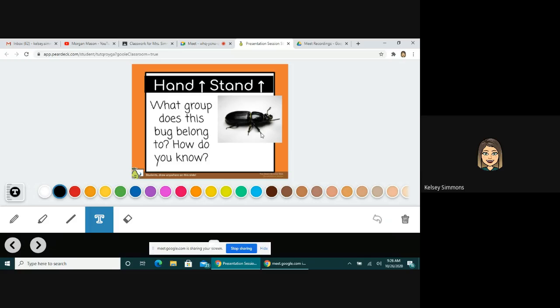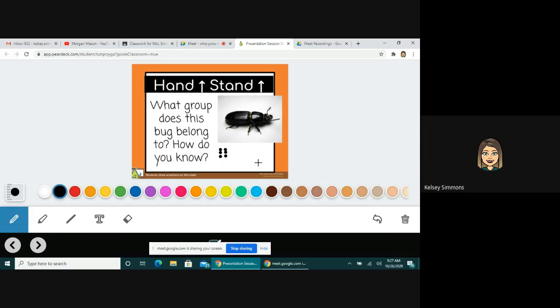Well, this is one side of the bug, so I can see on the other side it probably has 3 more legs. So let's see how many legs that would be. I have 1, 2, 3, 4, 5, 6. So this beetle has 6 legs.